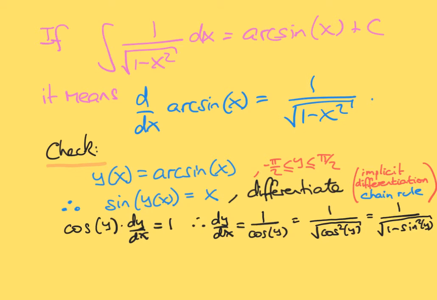And now we know that the sine of y is equal to x, so this is 1 over the square root of 1 minus x squared. So we see indeed that the derivative of arcsine of x is equal to 1 over the square root of 1 minus x squared, as we had wanted to show.